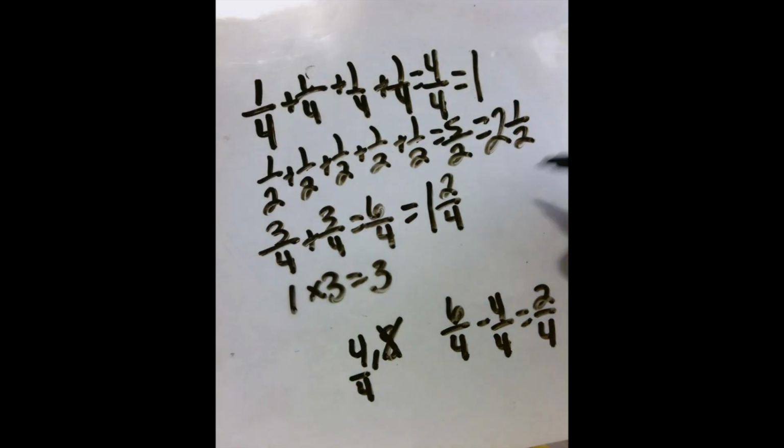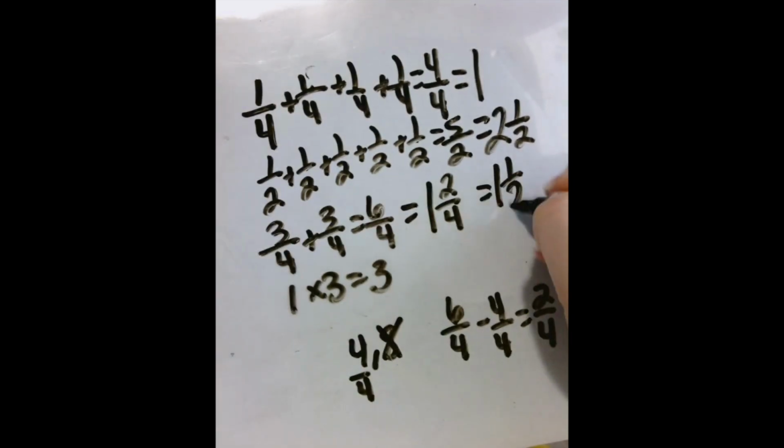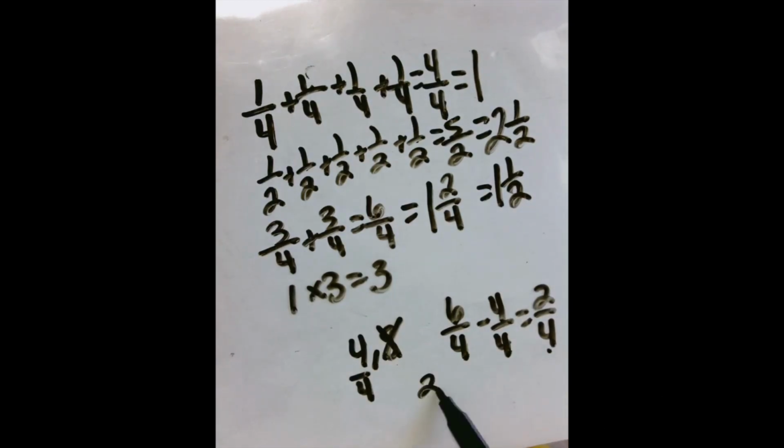I hope you said it was equal to 1 1/2, because it is. And we can prove that by taking our 2/4 and dividing it by 2/2, because 2/2 is equal to 1 whole. So we're basically dividing our fraction by a whole. 2 will go into 2 one time, and then 2 will go into 4 2 times. So it's equal to 1/2.